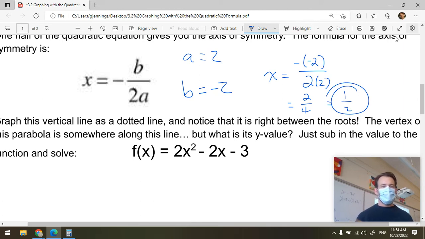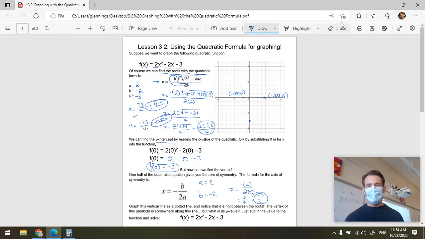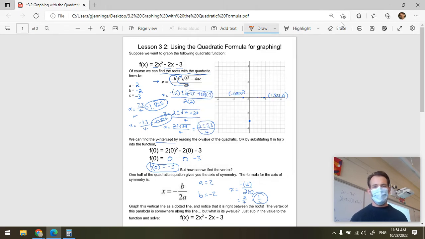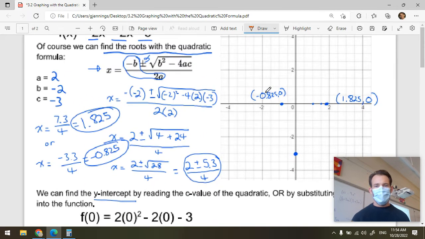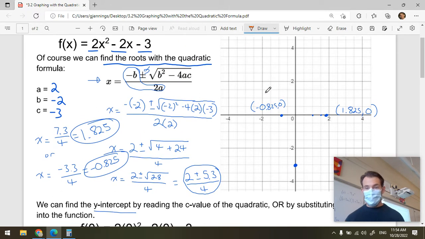So we want to graph this vertical line on our sheet, and you can do it as a dotted line. I'm going to grab a different color here to do this. It's not going to be part of my parabola. It's a different thing. And so I want to find this line x is equal to 1/2. So here's x is equal to 2. Here's x is equal to 1. Here is 1/2 right there.